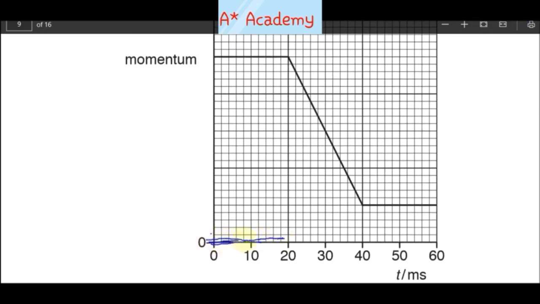That line there is supposed to be on the 0 mark. Then it increases as Y experiences a force from X. So it increases at a constant rate. Then it becomes constant at that point.